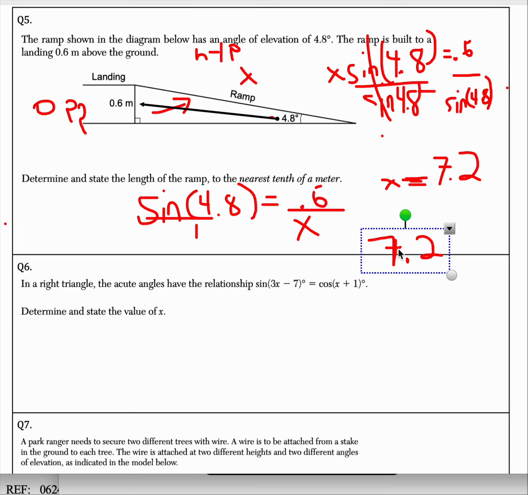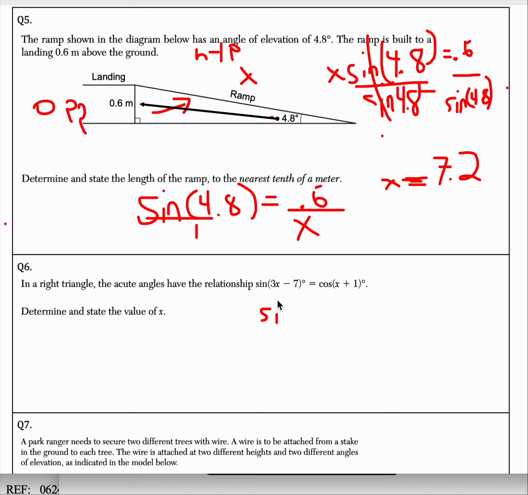All right, let's take a look at the next one. In a right triangle, the acute angle has a relationship: sine of 3x minus 7 degrees equals cosine of x plus 1 degrees. Determine and state the value of x. Now remember, sine and cosine are cofunctions.